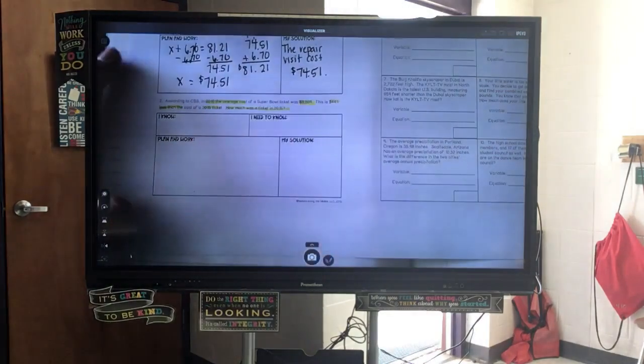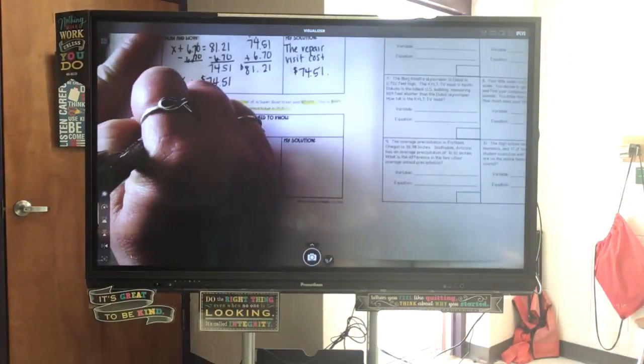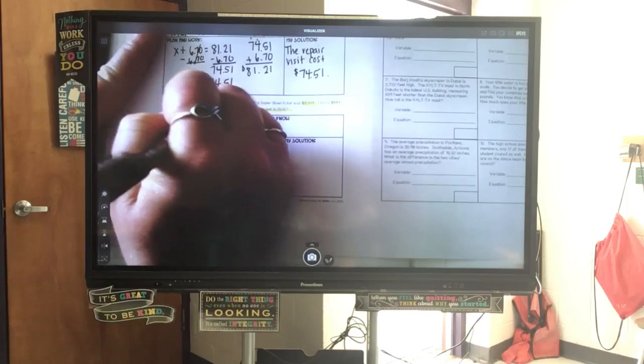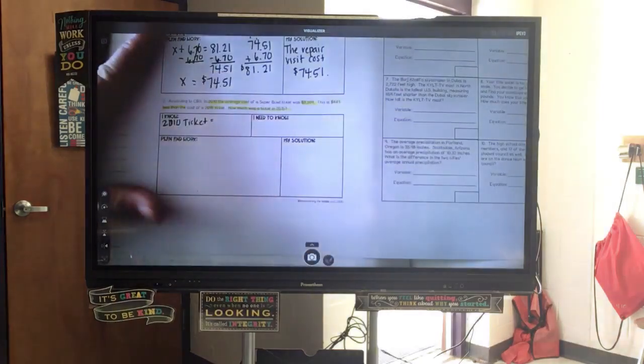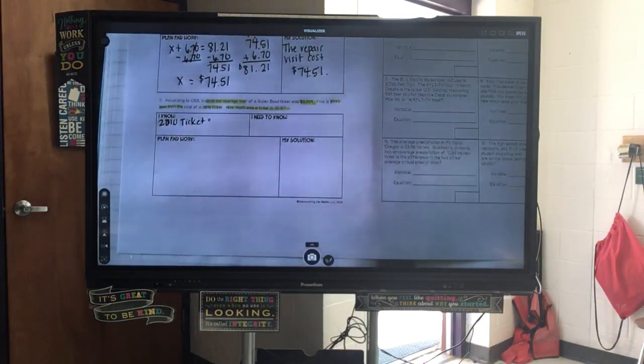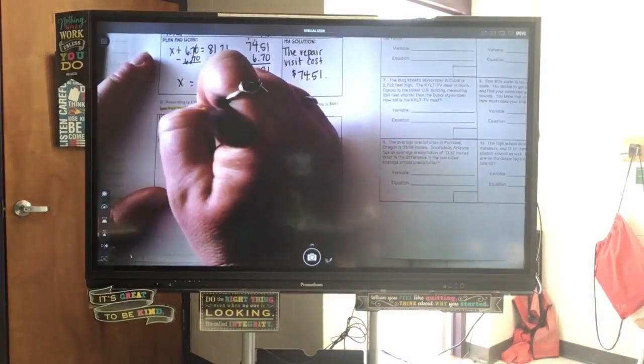Yep. Alright, so we know the cost of the 2010 ticket was what? The 2010 ticket cost how much money? Zoe R. 3,509.